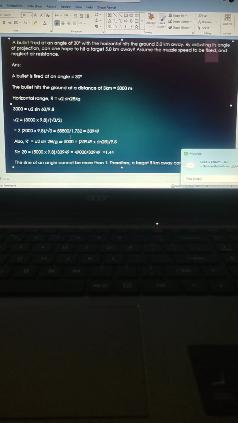And also R dash equal to U squared sin 2 theta divided by g, that is equal to 5,000. So 33,949 into sin 2 theta whole divided by 9.8.